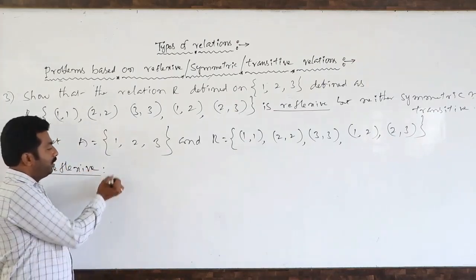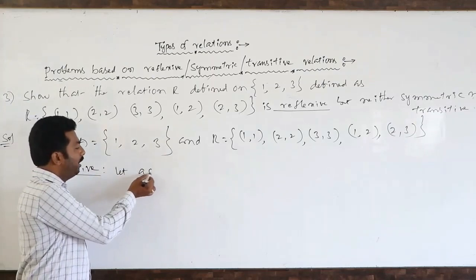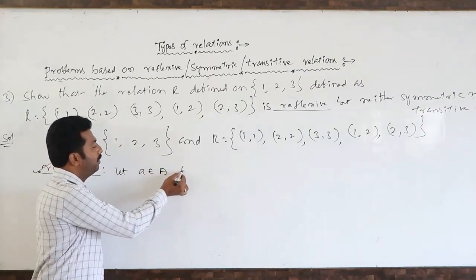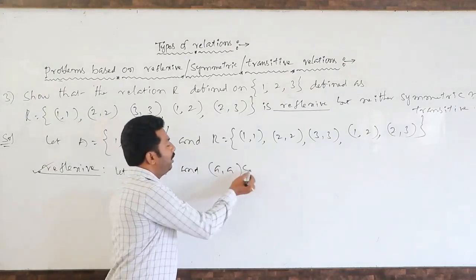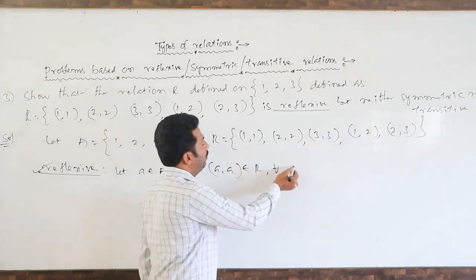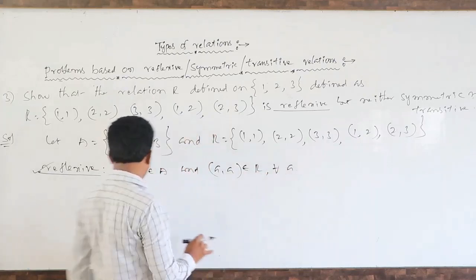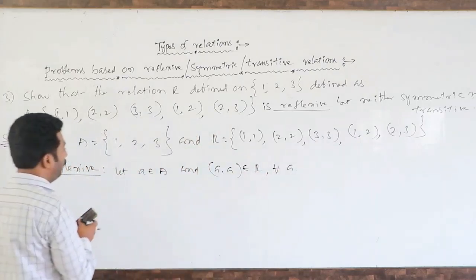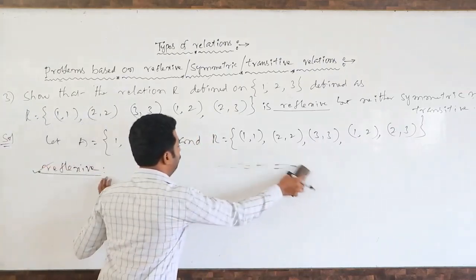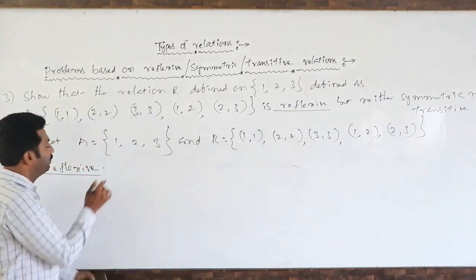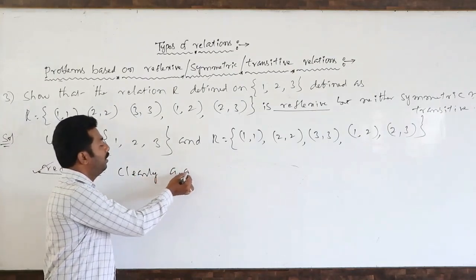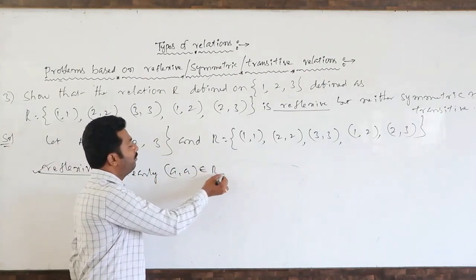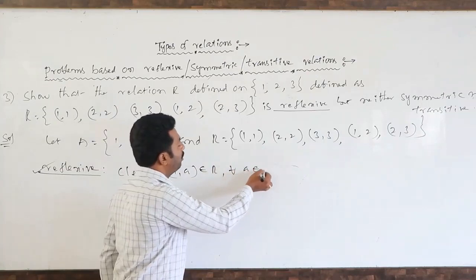So very clear. Let a belong to capital A, and (a, a) belongs to capital R for every a belonging to the non-empty set.